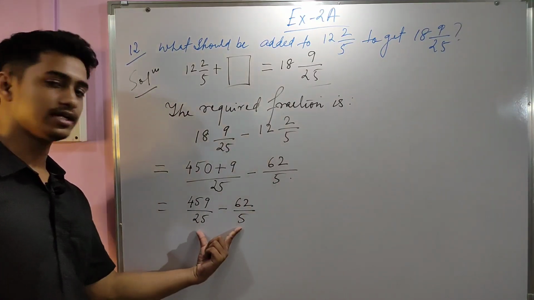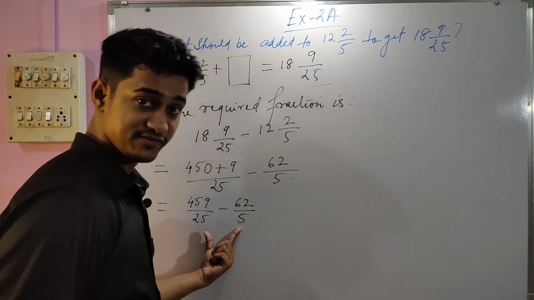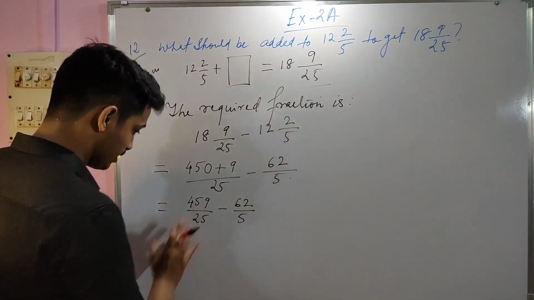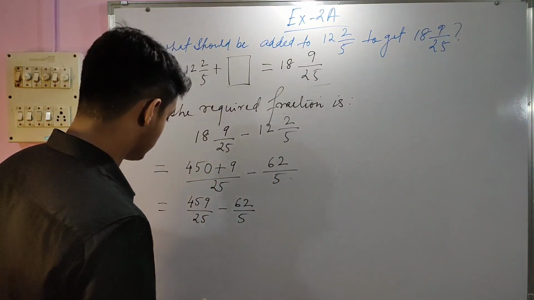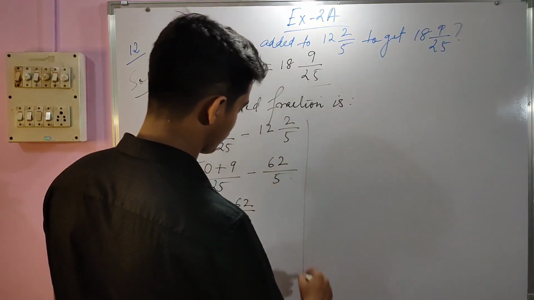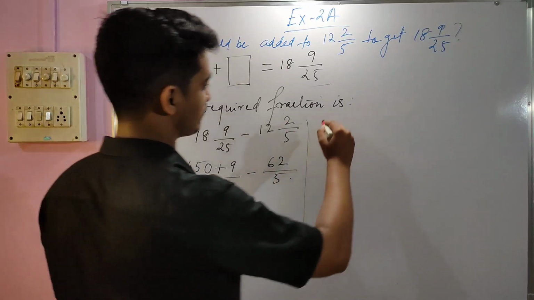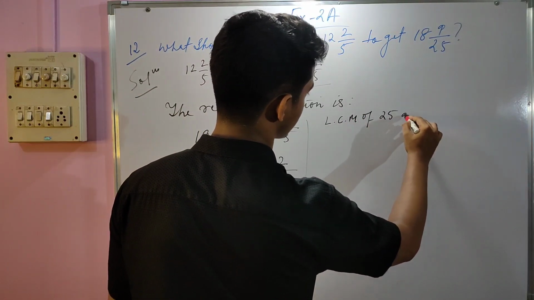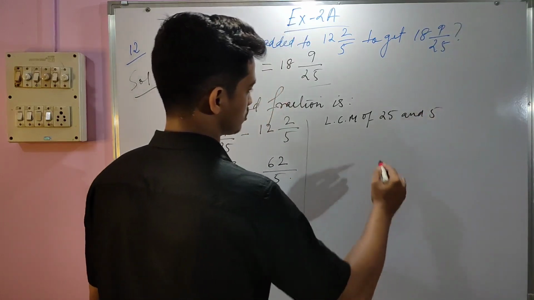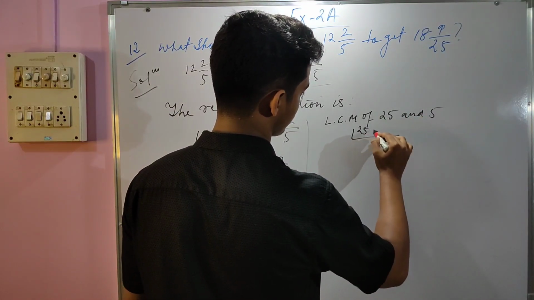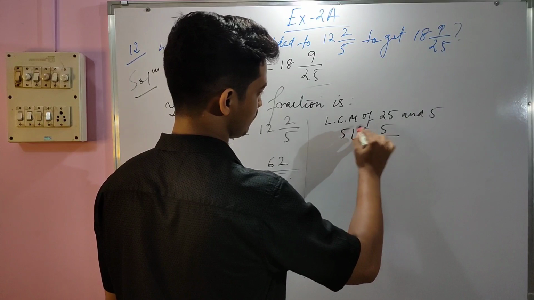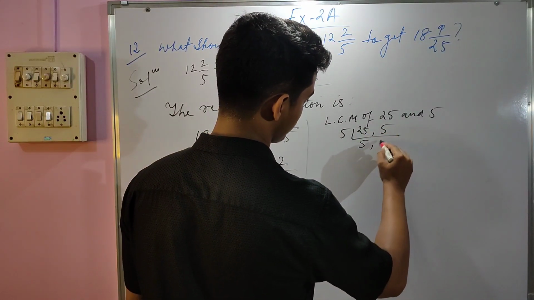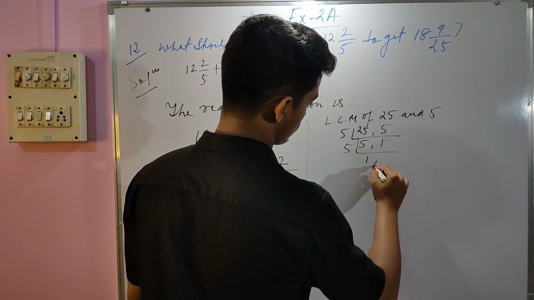Now see, different denominators are there, so what is the process to convert these denominators into one single number? What is the LCM of 25 and 5? So 25 comma 5, 5 is the common number between 25 and 5. 5 and 1 and 1.